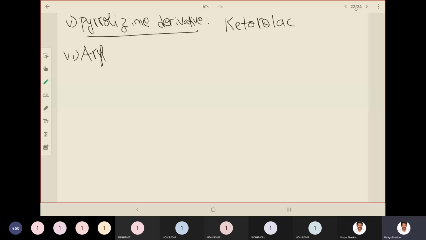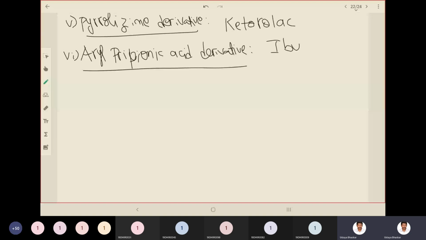So the example is ibuprofen. You might have heard its name and you might have used it over the counter.